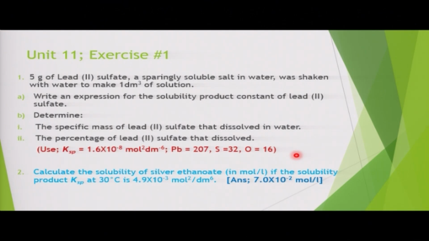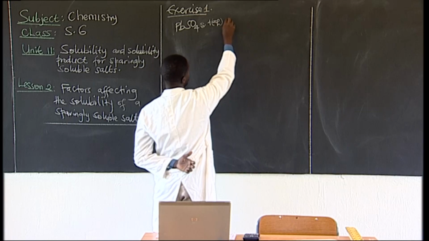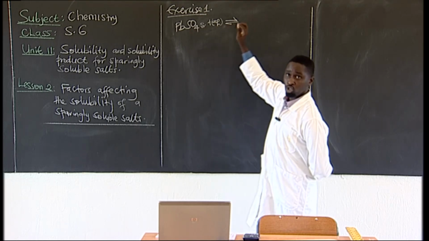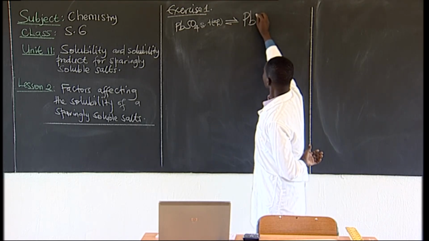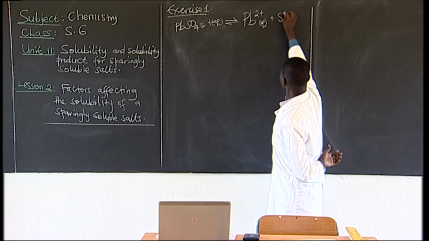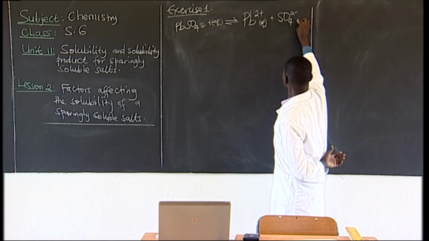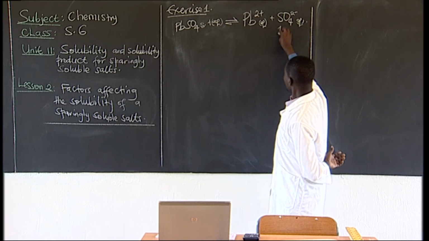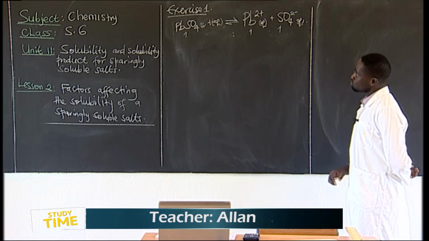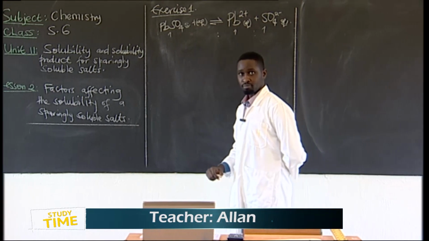So add water in the form of the aqueous. It will dissolve, since it is sparingly soluble, to lead 2 ions plus the sulfate ions. The ratio here is 1 to 1 to 1, something you will need to apply.